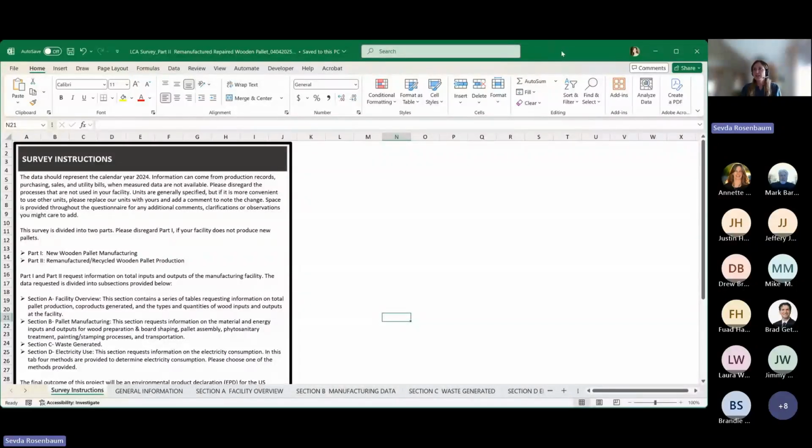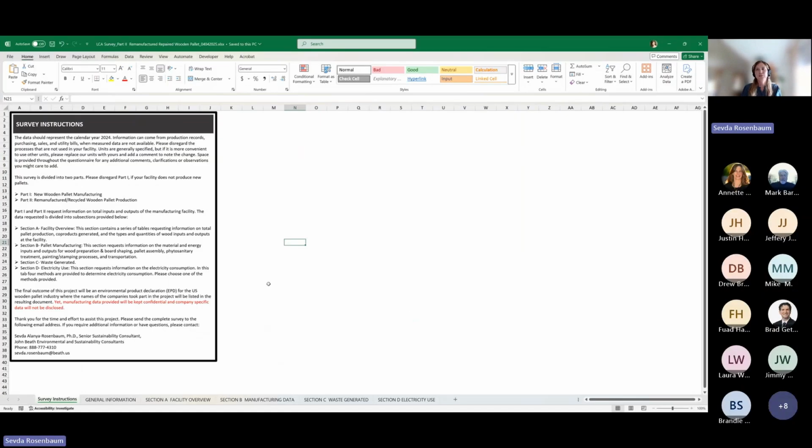That's a very good question. Last time around, it was really hard to get that information or calculate it. We tried to make a mass balance based on the information we collected, but the mass balance was not working out, and it was really tricky because we were not able to collect data on each pallet type produced along with the board feet of the pallet.